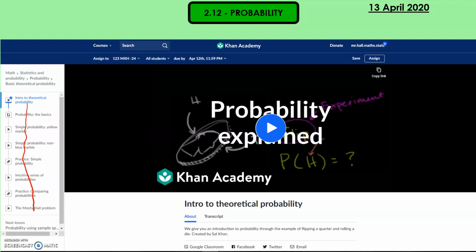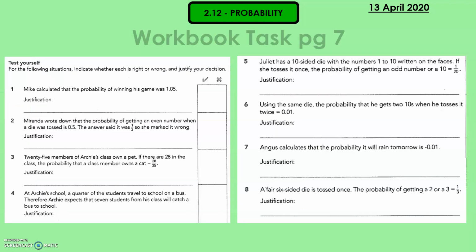But if you're happy to move on with that initial bit of theory, you can start looking in your workbook at the task on page 7. It's a pretty simple task. All you've got to do is go through and have a look at the different situations.